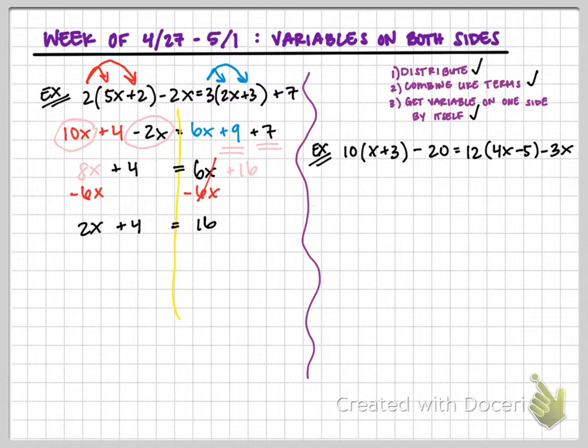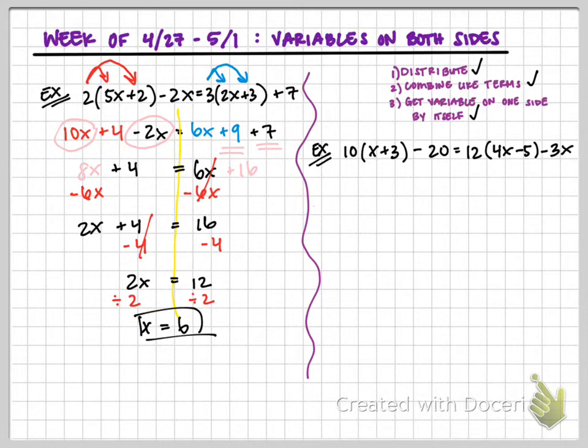Keep going with the inverse operations. Subtract 4, that cancels. I have 2x equals 16 minus 4, which is 12. And then my very last step, still need to get x by itself. Let's divide by 2. X equals 6.